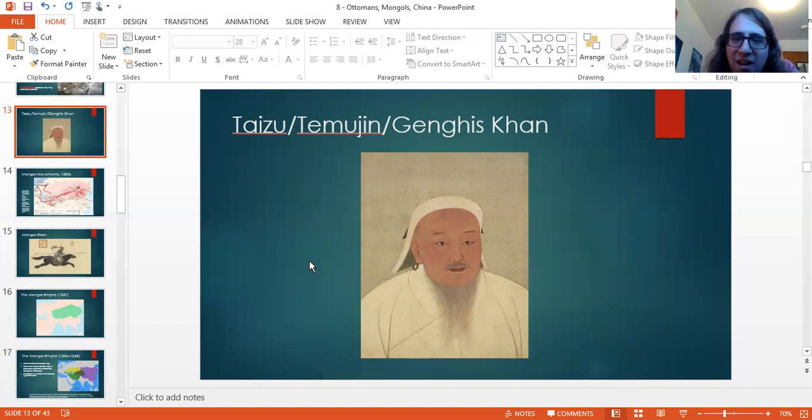Now, he had a lot of religion to contend with. He had Muslims in his empire, he had Confucians, he had Buddhists, he had Taoists, he had all sorts of stuff going on, including the more traditional, almost polytheistic Mongol religion as well.